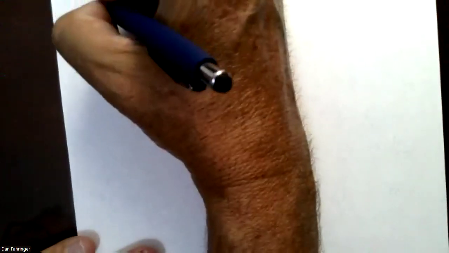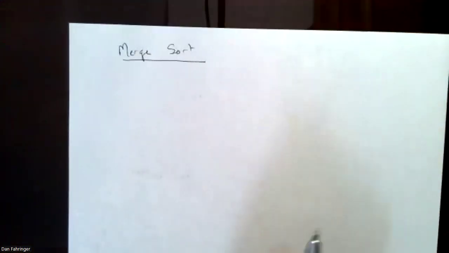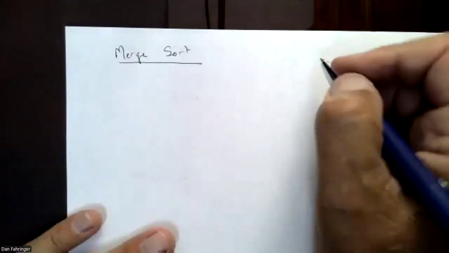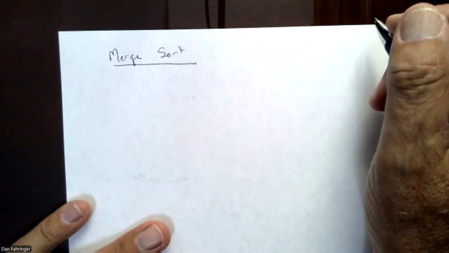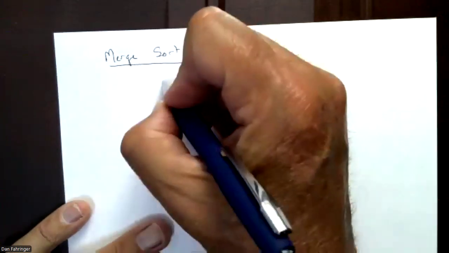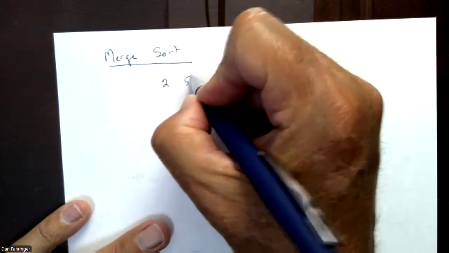Second sort we're going to learn about today, the merge sort. And the merge sort is going to take two lists and merge them together. For example, 2, 5.